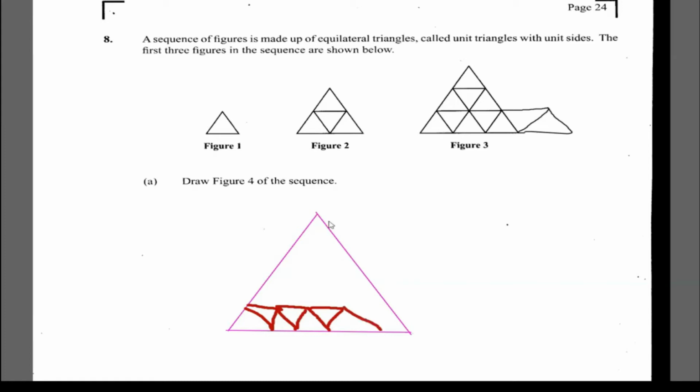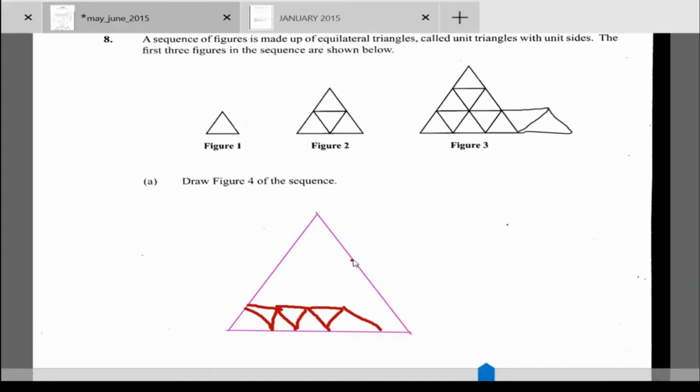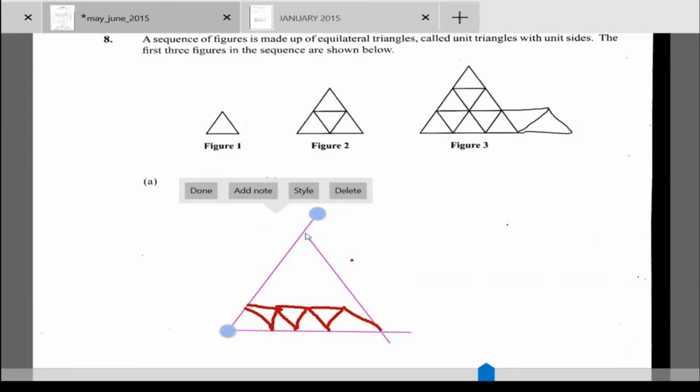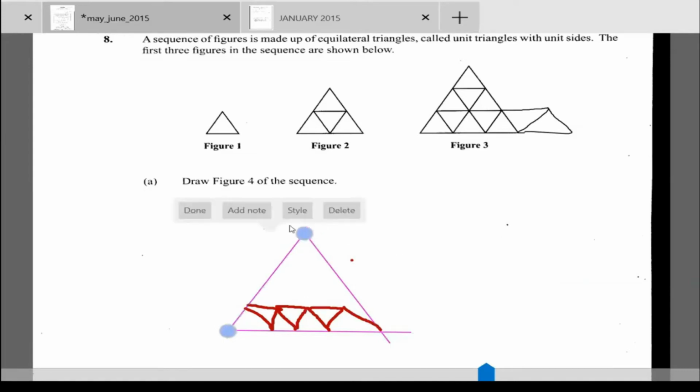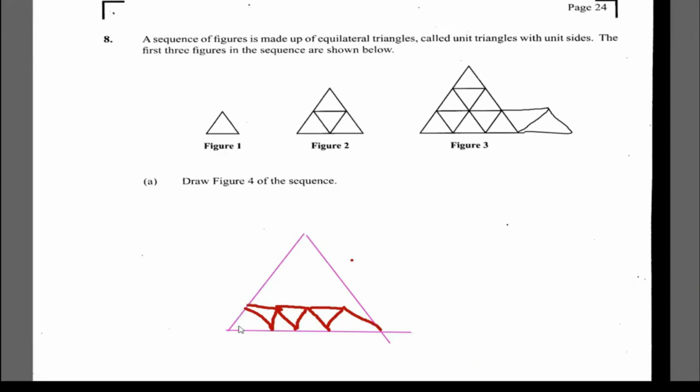So let me reconstruct this line. So this is 1, 2, 3, 4, 5, 6, 7.